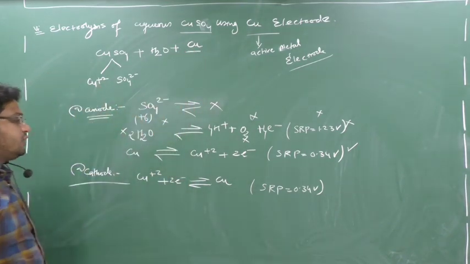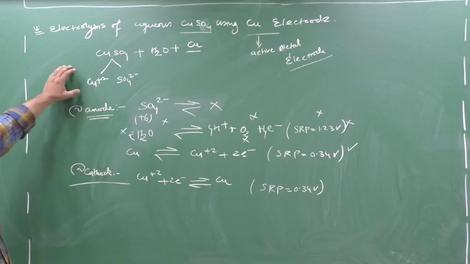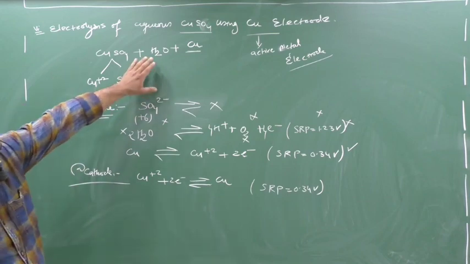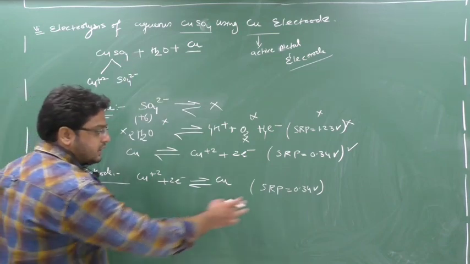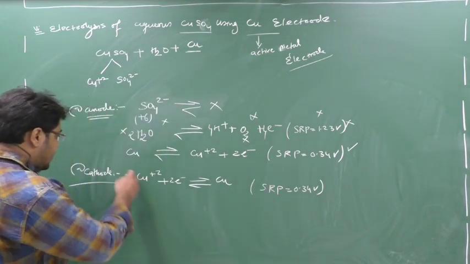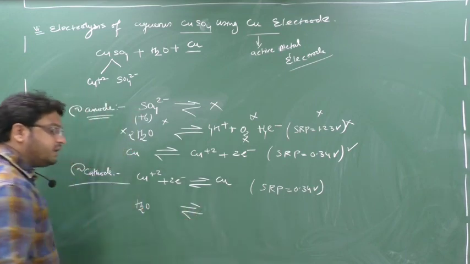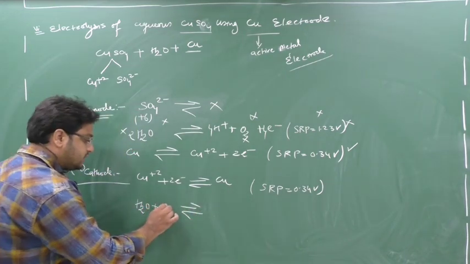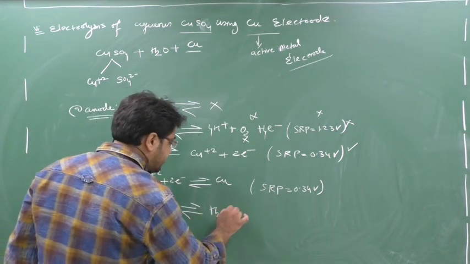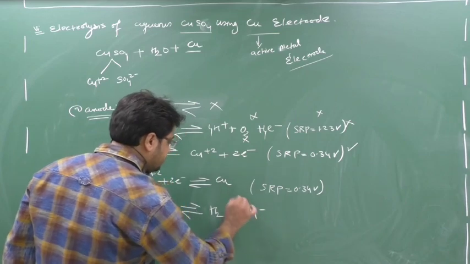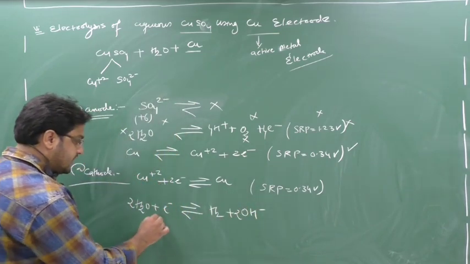Now on the cathode there are two chances: Cu2+, whose SRP value is 0.34 volt, and water. At the cathode water will undergo reduction, so we write the reduction reaction of water: plus electrons, hydrogen gas is liberated and OH-. Here 2, here 2, and the charges will be 2.